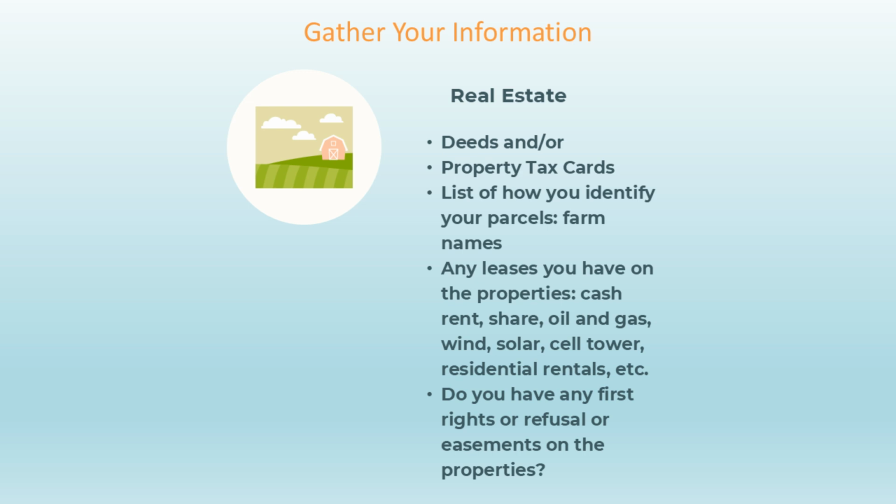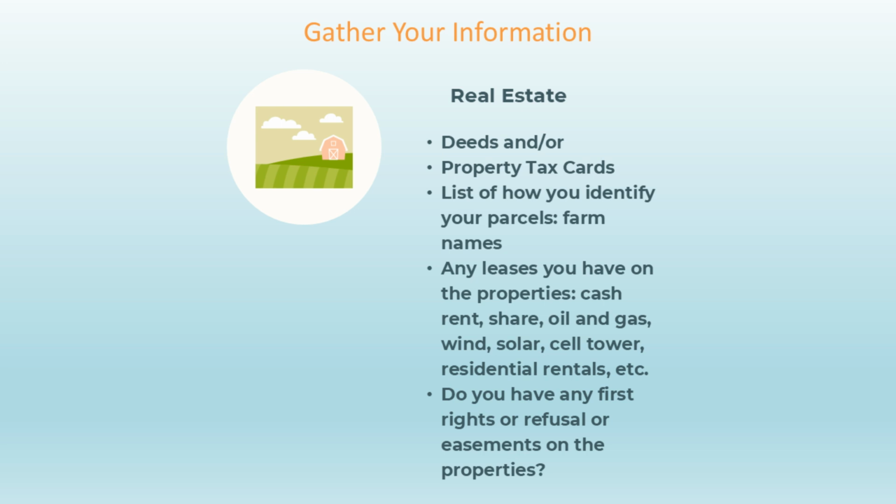The reason real estate records are so important is we use it for several aspects of farm transition planning, including calculating net worth for estate tax analysis, avoiding probate, and designing the distribution plan, where we often make specific designations for specific farms, such as this person gets the Smith farm, or the Johnson farm is to be owned by all children in an LLC. So let's discuss what information you will need.